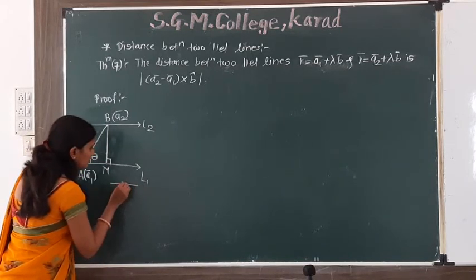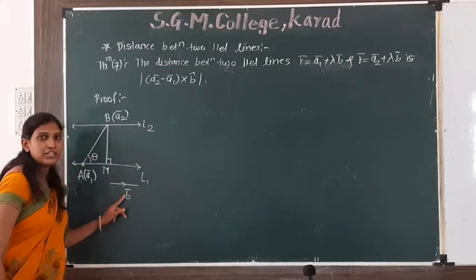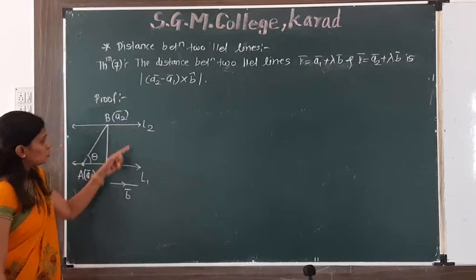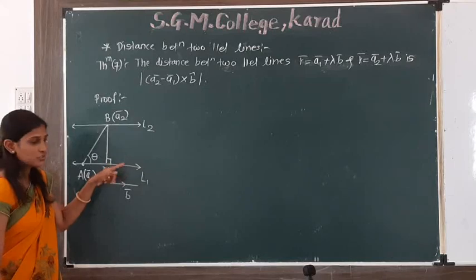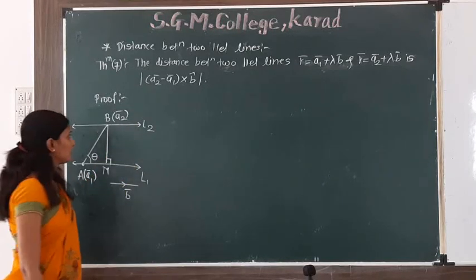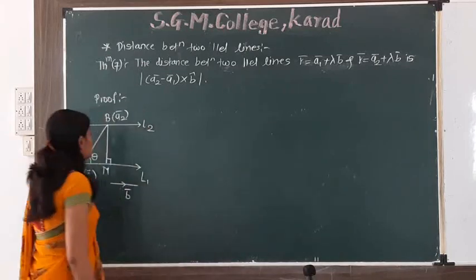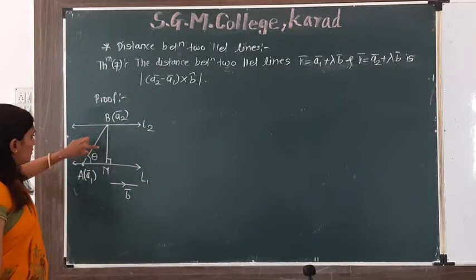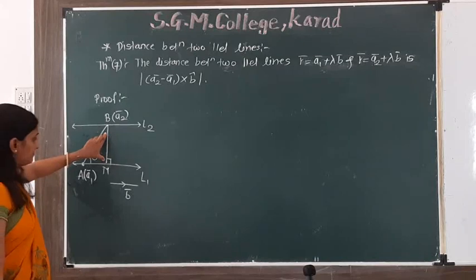And this is a parallel vector B bar, which is parallel to both the lines, because these two are parallel to each other. So B bar is parallel to L1 as well as L2. So we have to find the value of BM bar.